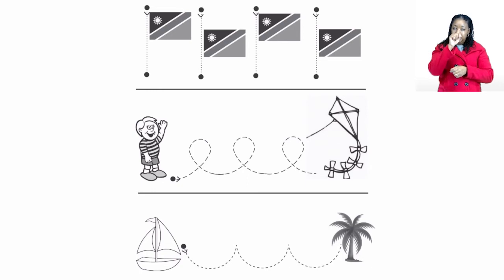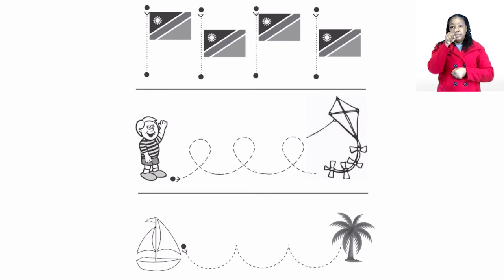There is a little boy who wants to get his kite. Now he needs to find the right path to get to the kite. Now let's trace starting from the dot on the left hand side where the little boy is standing. Put your pencil where the arrow is and let's follow the direction as we go up, round, back and forth.